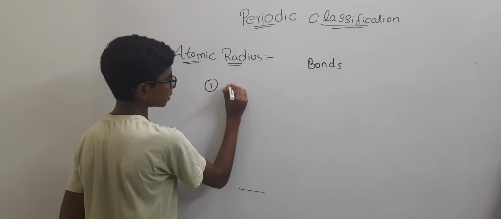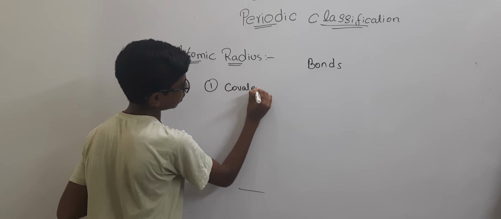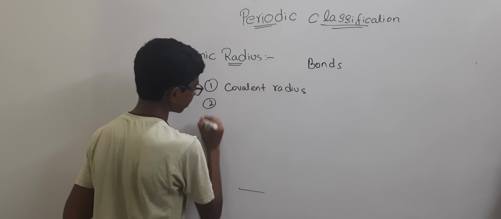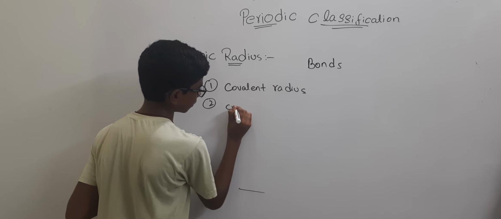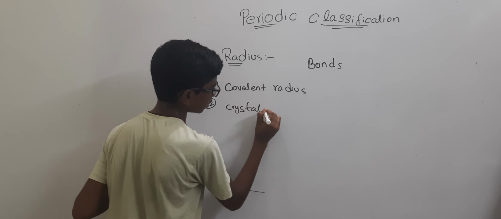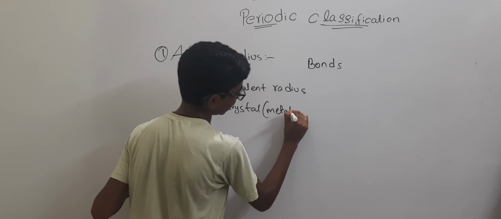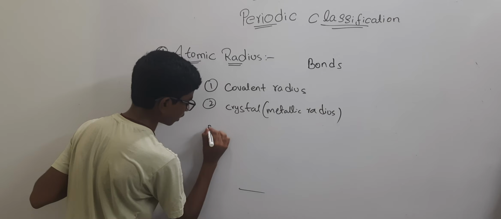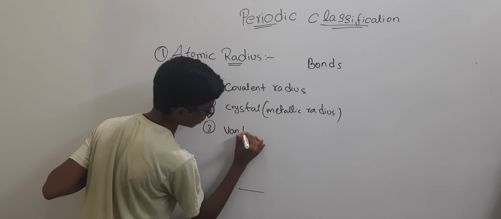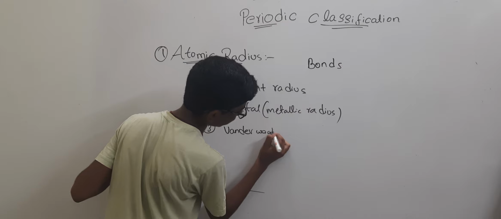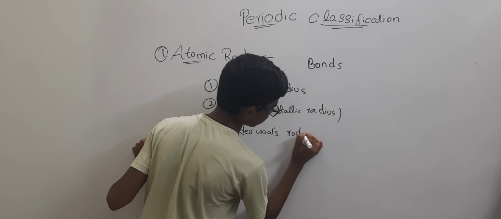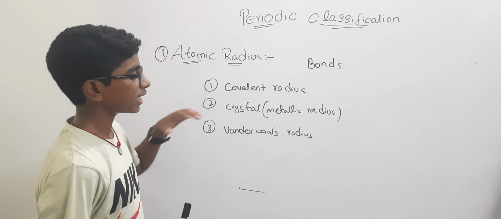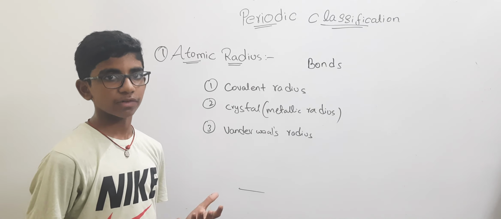The first one is covalent radius, the second one is crystal or metallic radius, and the third one is van der Waals radius. Now we have to discuss these three types of radii.